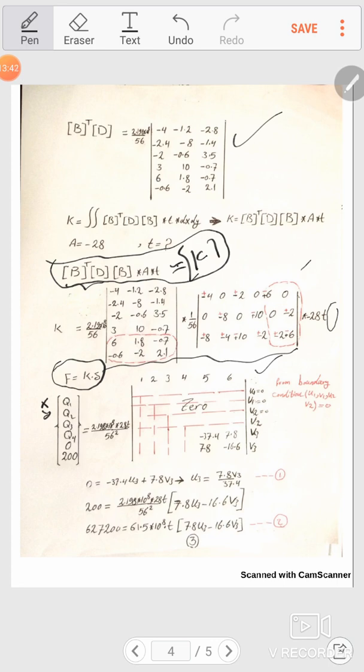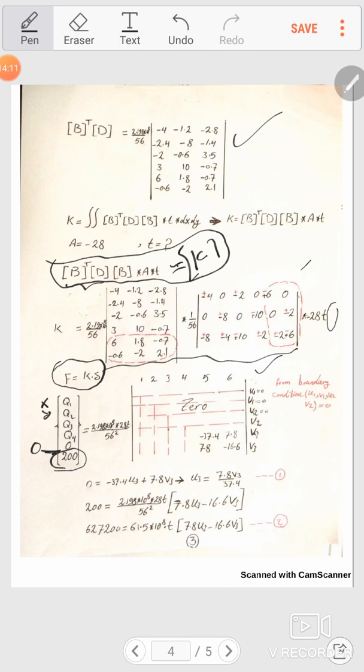And for node 3, we have only one force in the Y direction, so just put 0 in the X direction. So here is 0, and here our force, already given in the figure, is 200.